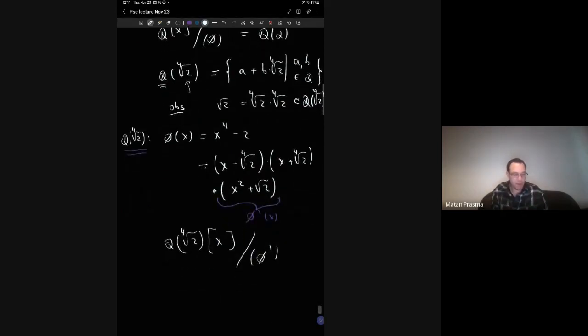Okay, and now I am guaranteed to get a root of phi prime. What is this root? Again, a posteriori we have the complex number and so on, but a priori it would be just a new symbol satisfying the relation x squared plus square root of 2 equals 0.